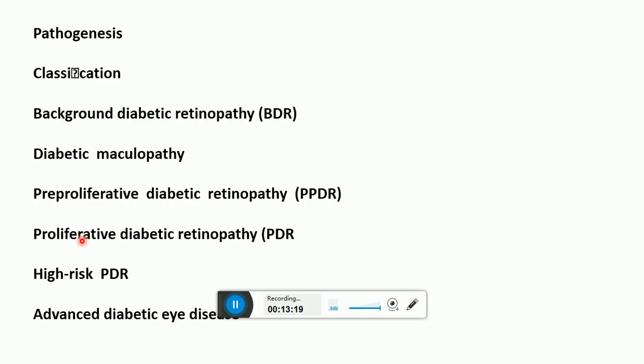In proliferative diabetic retinopathy, there is neovascularization on or within one disc diameter of the disc, and new vessels elsewhere in the fundus.